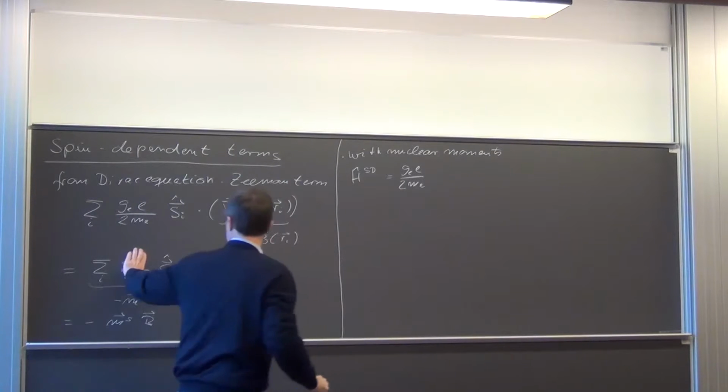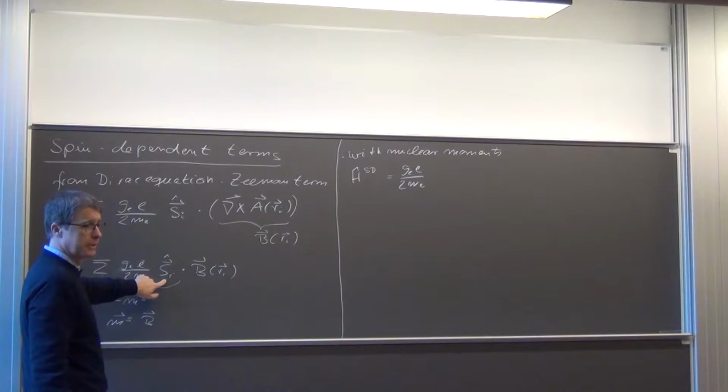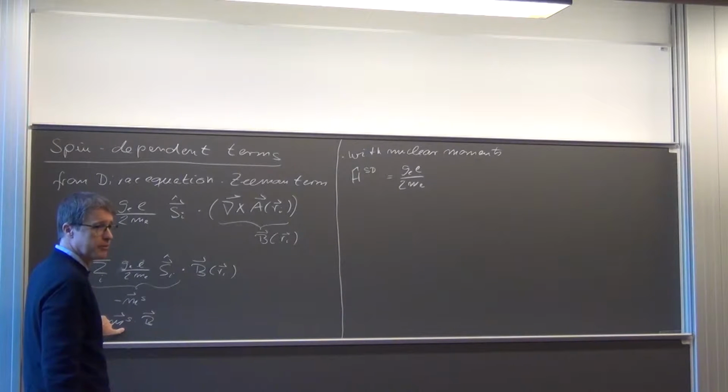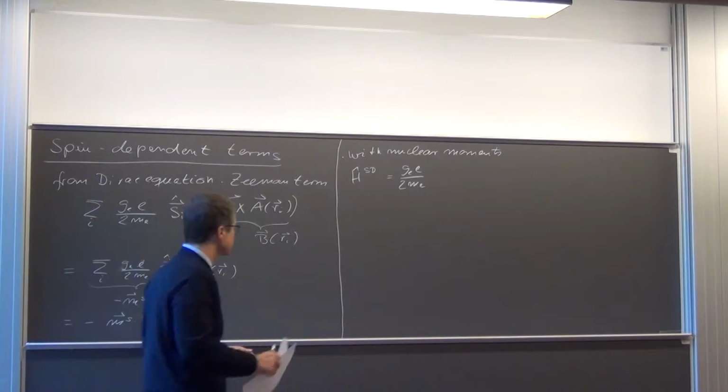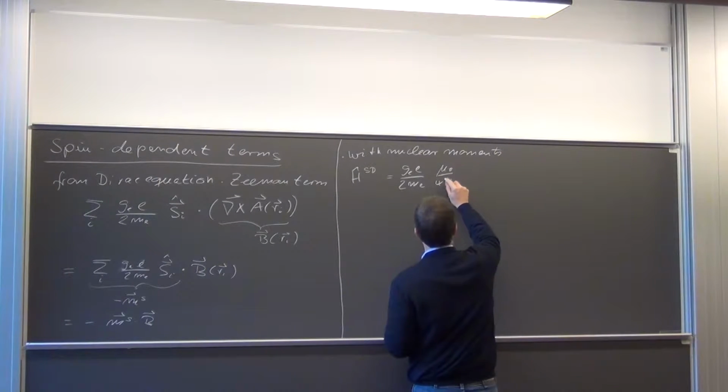So that's just my factor here, which is sort of the gyromagnetic ratio between the spin angular momentum or spin momentum and the magnetic moment from the spin. And then, divided by 4π.